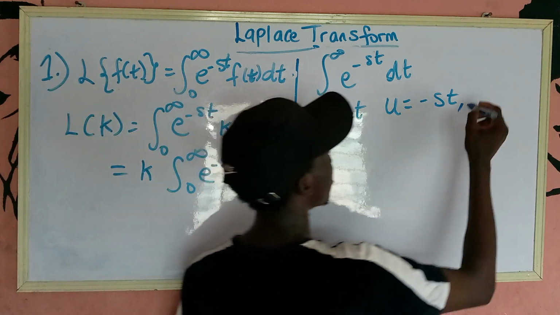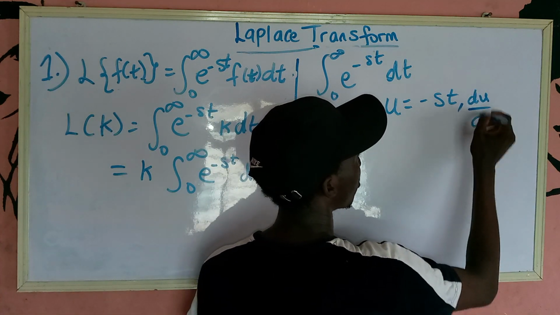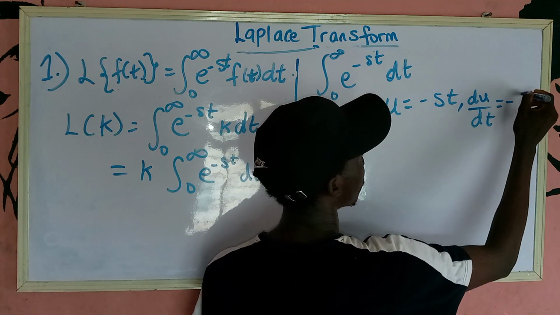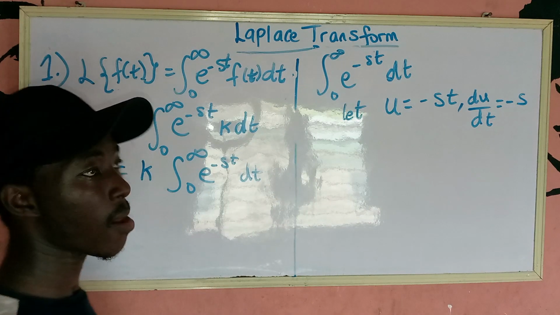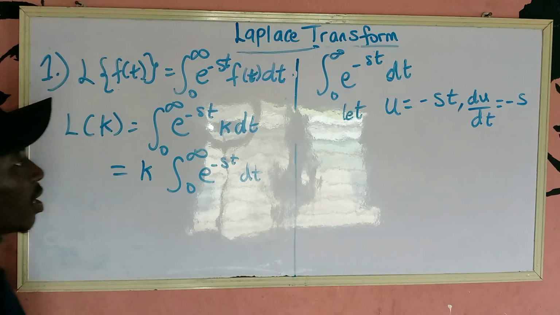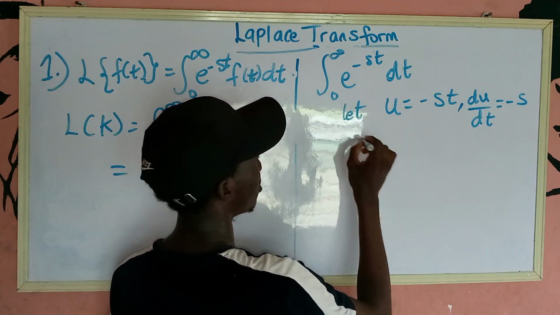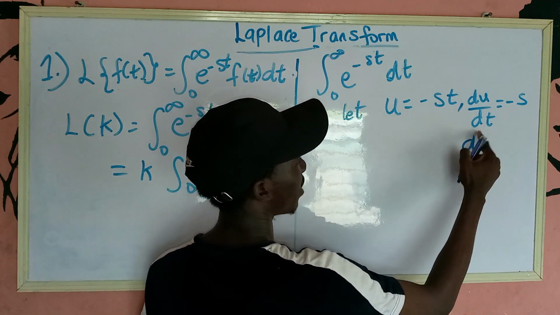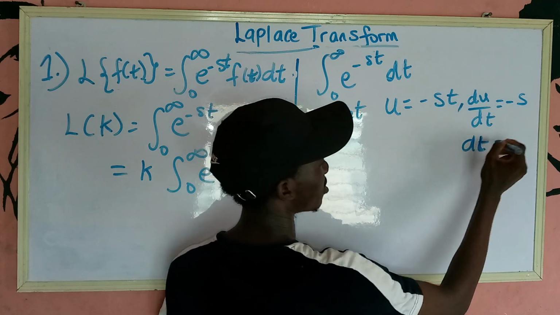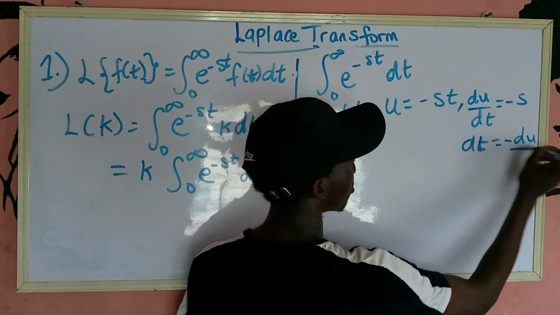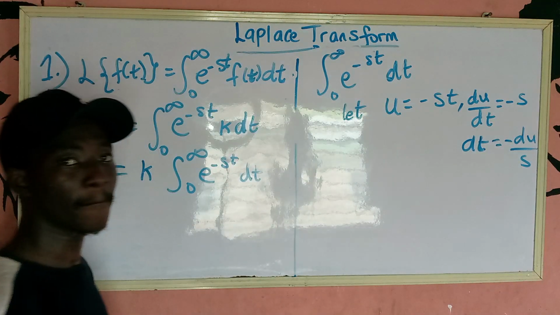So from there, I can say my du dt is equal to minus s. And my dt, bringing this here and bringing this here, my dt is equal to minus du over s.